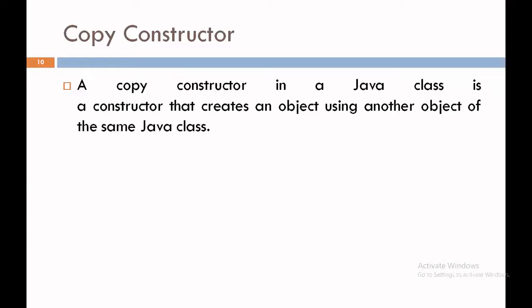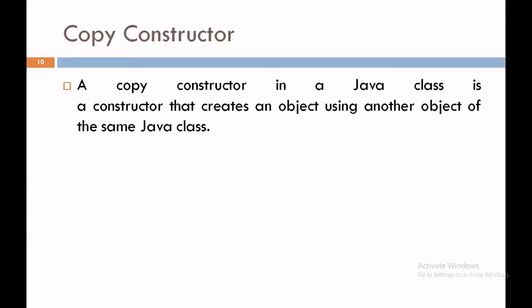But unlike C++, Java does not create a default copy constructor if you don't write your own. Generally, the copy constructor is a constructor which creates an object by initializing it with an object of the same class which has been created previously.